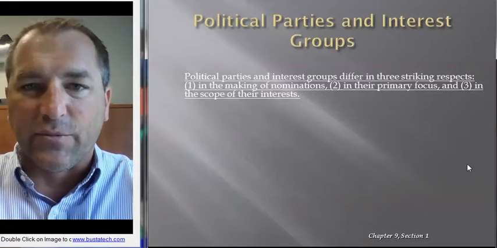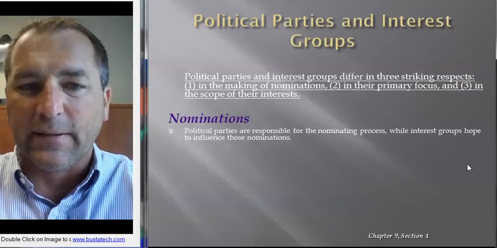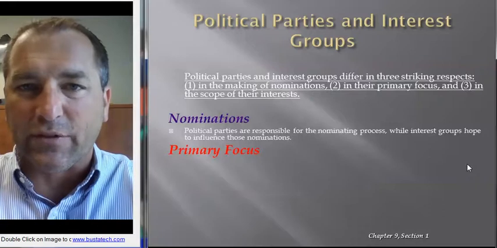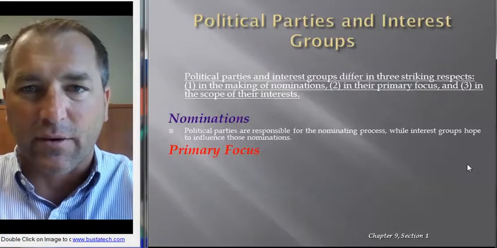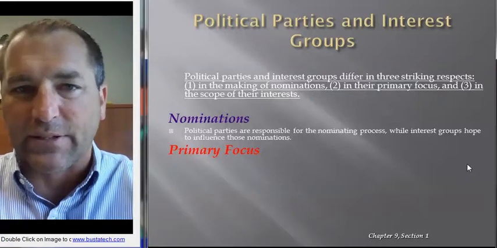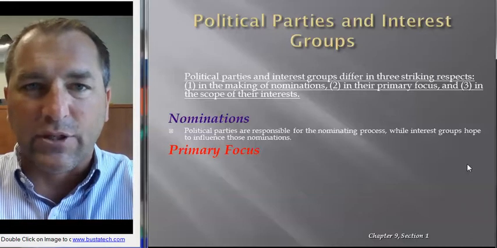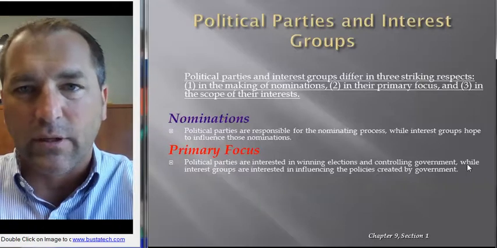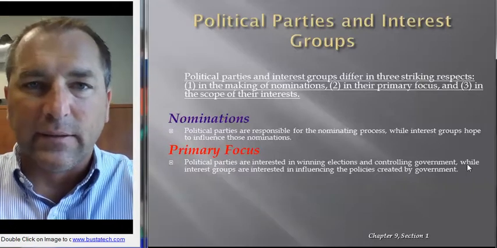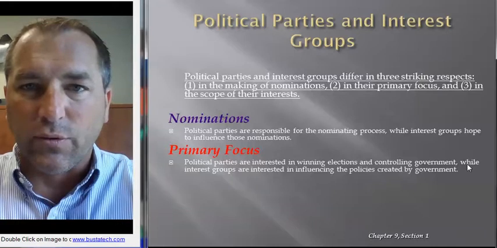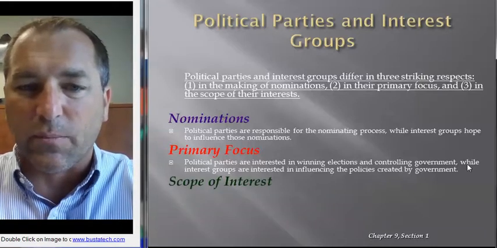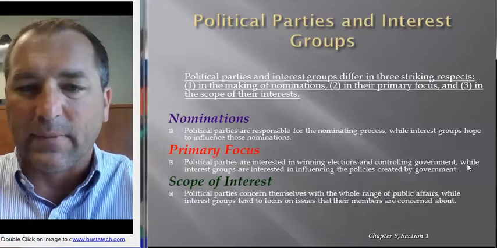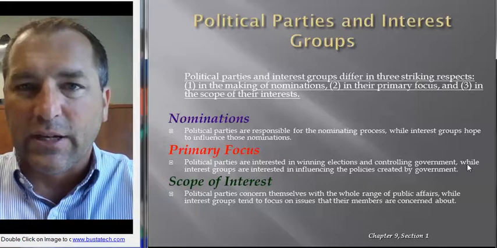Political parties also must be focused on a broad range of topics, such as healthcare, tax reform, foreign policy, etc. Whereas interest groups are primarily interested just in their focus, whether it be saving the whales or promoting new mirrors in cars that can see where you're backing and so forth. So therefore, their scope of interest is much more limited, and the focus, of course, is just on their topic.